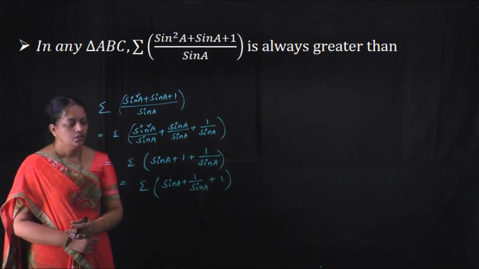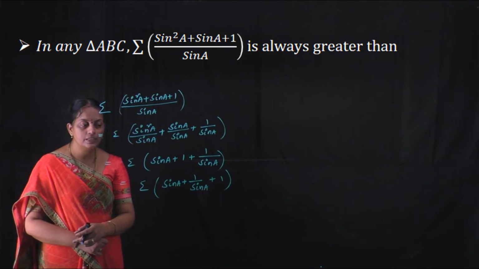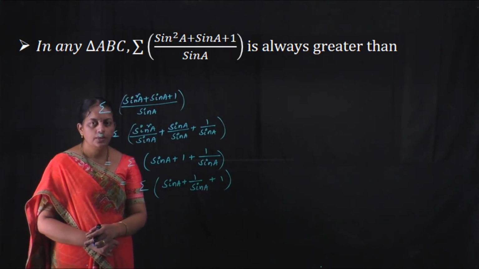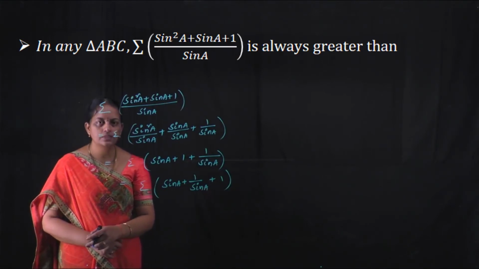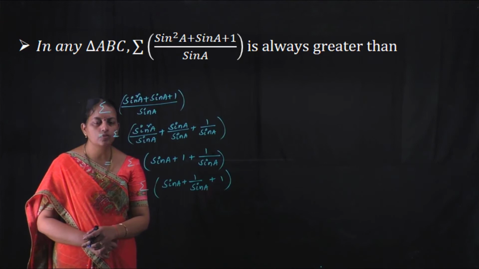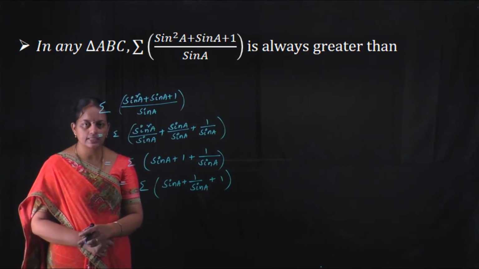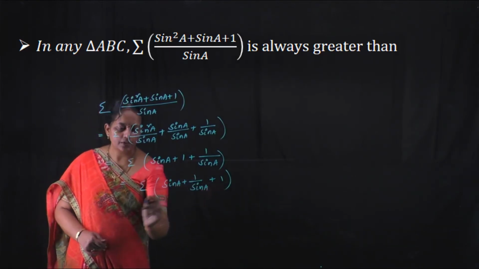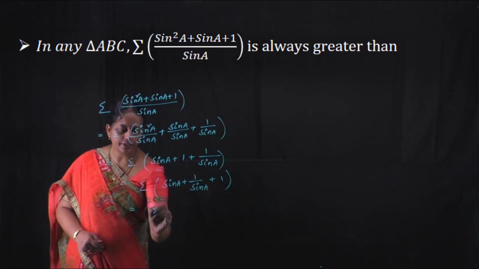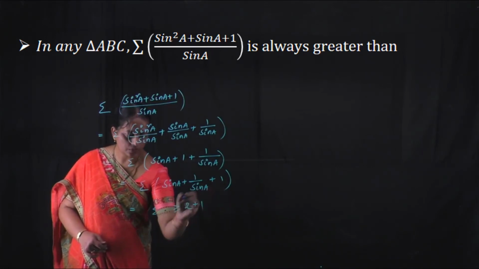Okay. Here these two terms are in the form of x plus 1 by x, and we know that if x is equal to 1, then x plus 1 by x is equal to 2, and if x is positive, then x plus 1 by x is always greater than or equal to 2, and if x is negative, then x plus 1 by x is always less than or equal to minus 2. Here sine A plus 1 by sine A is always greater than or equal to 2, and we have plus 1.